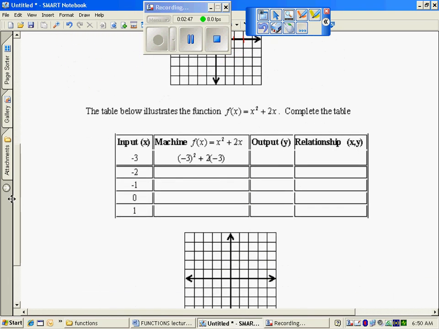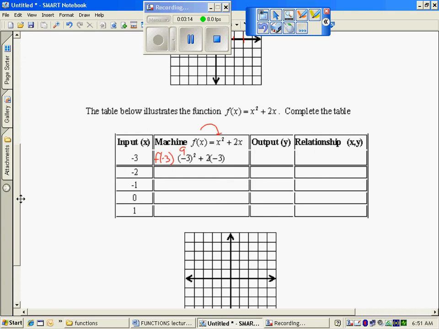Here's another function. f of x equals x squared plus 2x. So my rule is telling me every input, if I input negative 3 into my function, I square it, and then I add 2 times the input. Well, when I square negative 3, I get a positive 9.